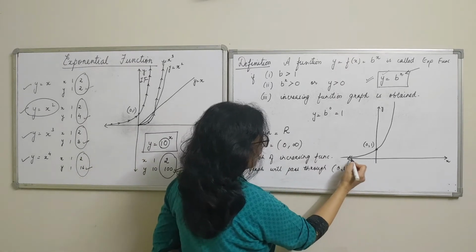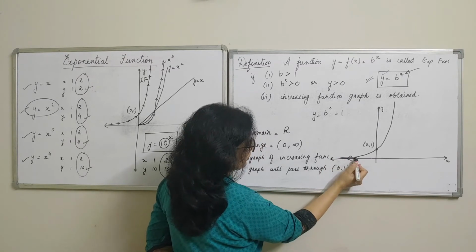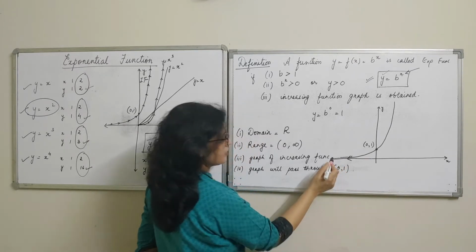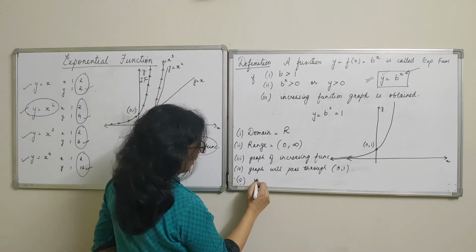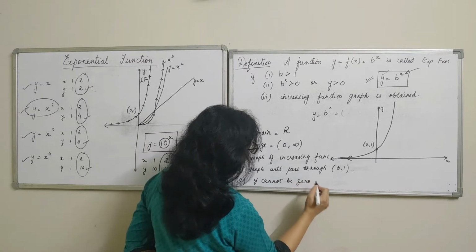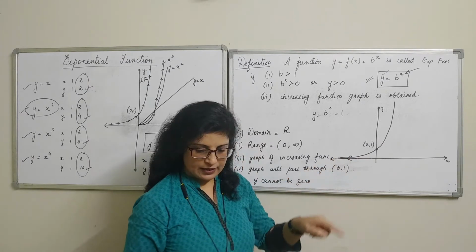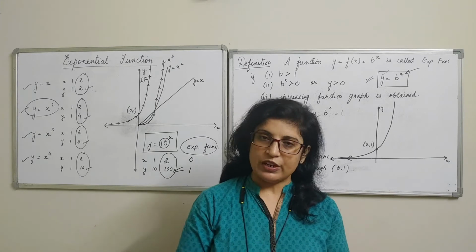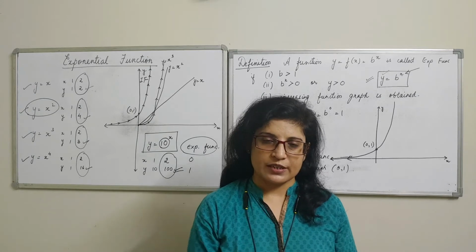And then you also see, as you move towards larger negative values of x, this curve comes closer and closer to the x-axis but does not touch it. So that means y cannot be 0. Y can tend to 0. You can come closer and closer to the x-axis, but the curve will never intersect the x-axis, because if it intersects the x-axis, y becomes equal to 0. So the curve will never intersect the x-axis.